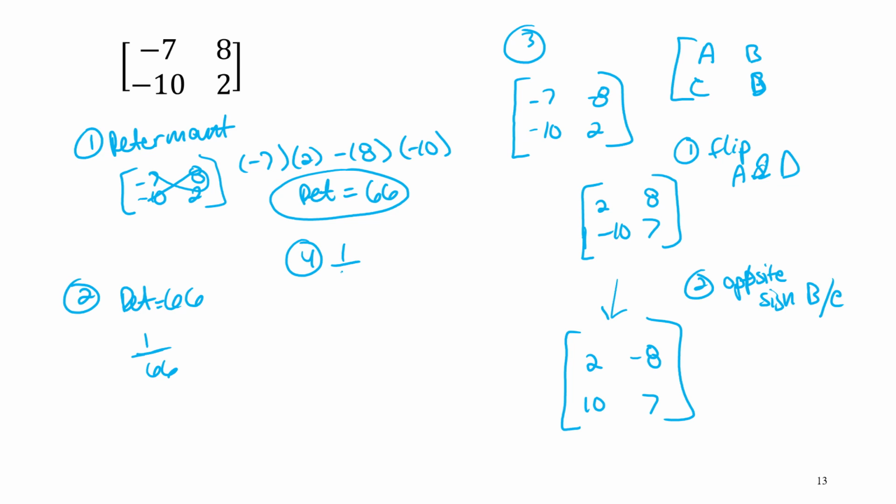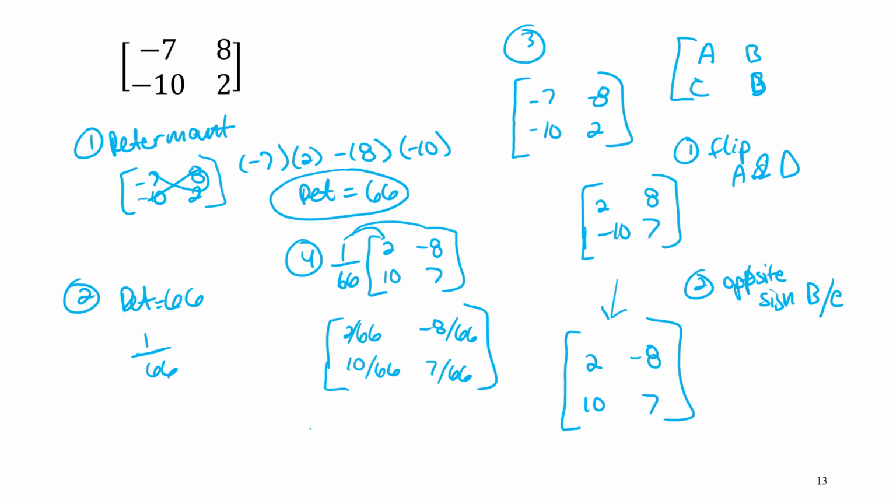We're going to go 1 over the 66, multiplied into our new matrix, the 2, -8, 10, and 7. When you multiply this out to every value inside of it, like the scalar multiplication, you would get 2/66, 10/66, -8/66, and 7/66.